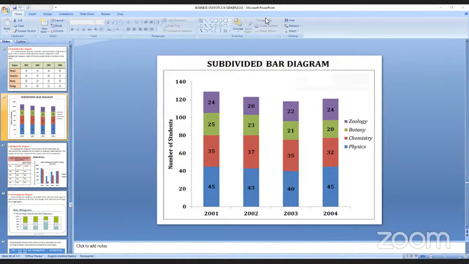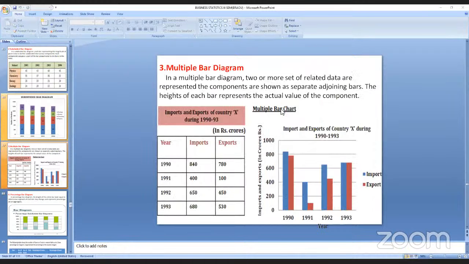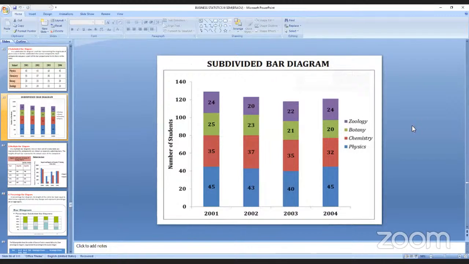Yes, everyone is clear? Okay. Now subdivided is over. You will be getting a question on this in your exam. It will be for 12 marks. You just have to draw, and after drawing you also have to mention what it represents.